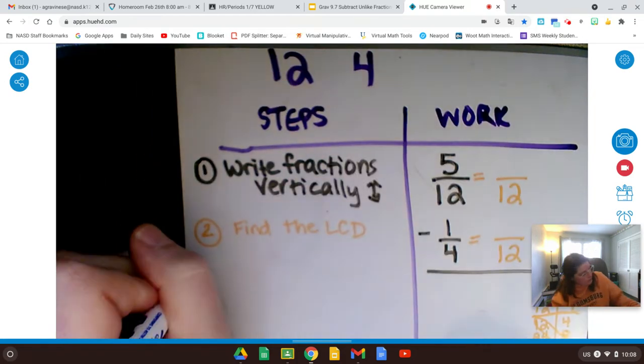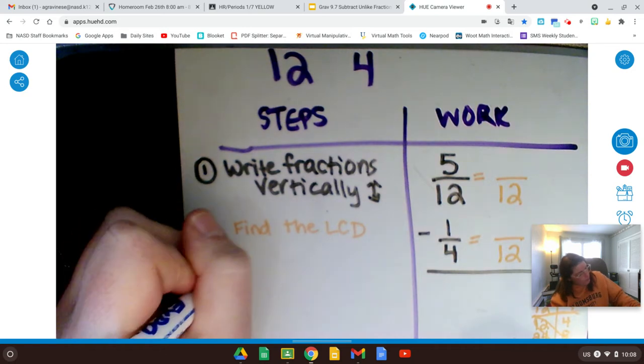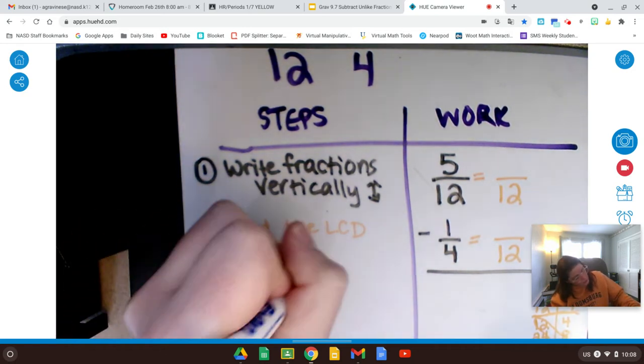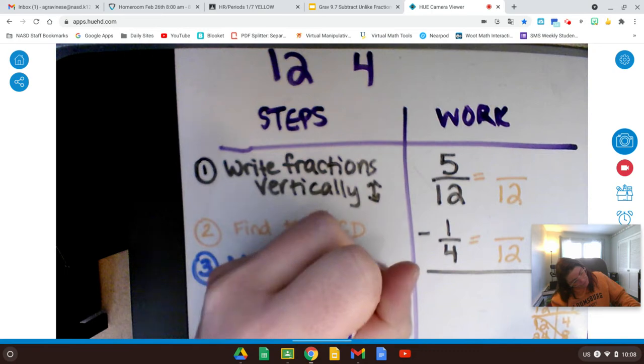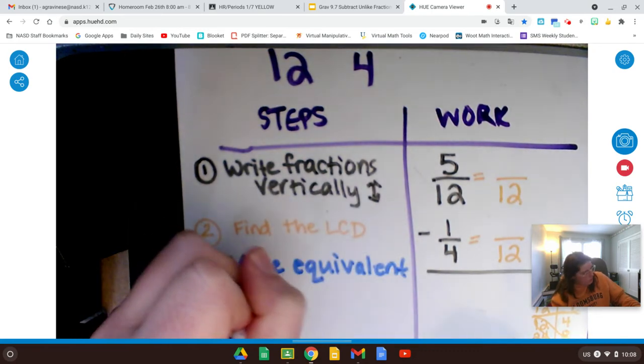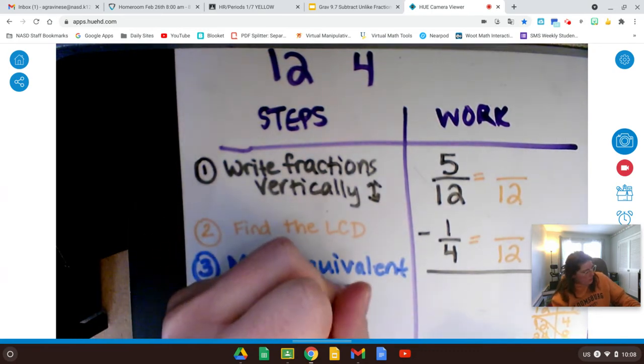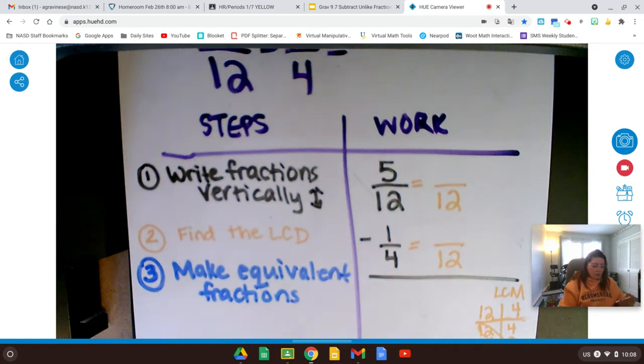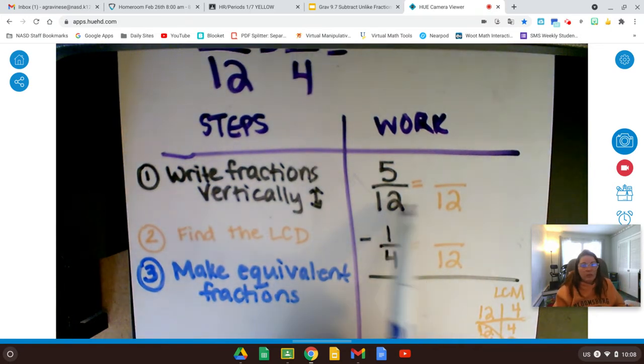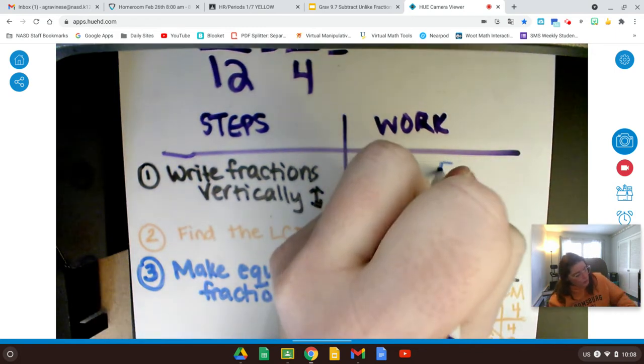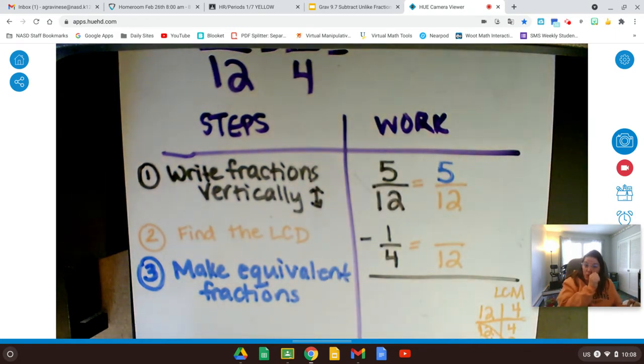Step 3, just like before, is to make equivalent fractions. Okay, and this part can be a little tough for some. So I have 5/12, and I'm keeping my denominator at 12, so I don't have to change my first fraction.